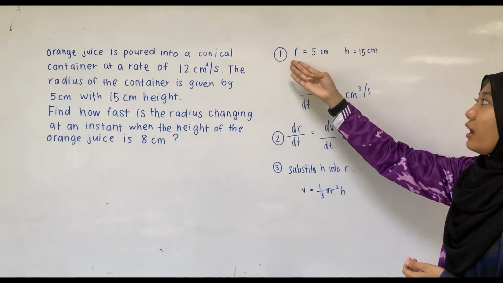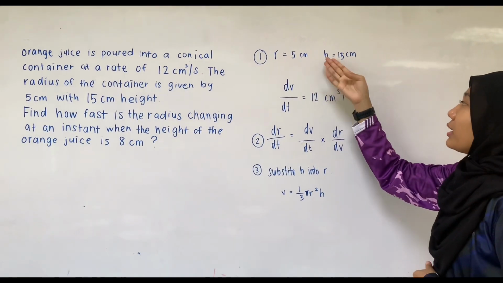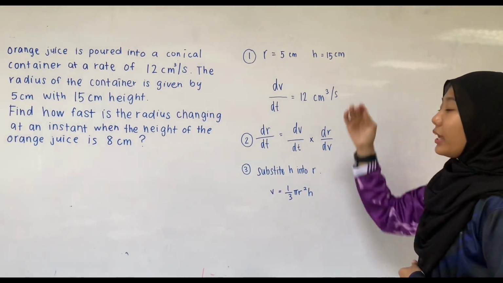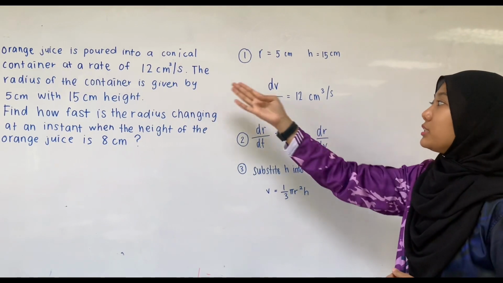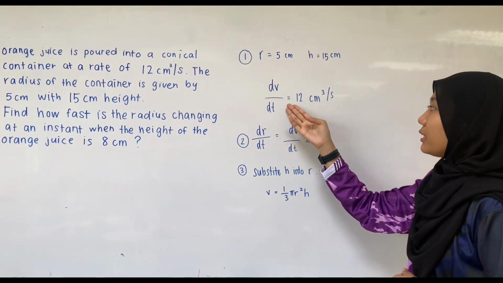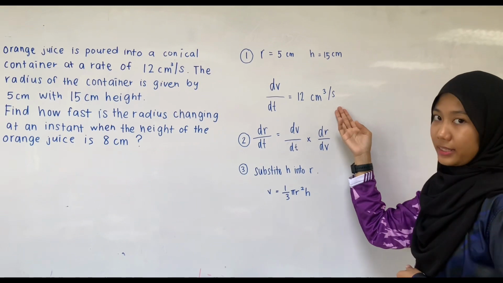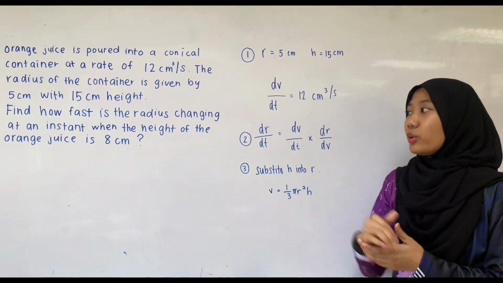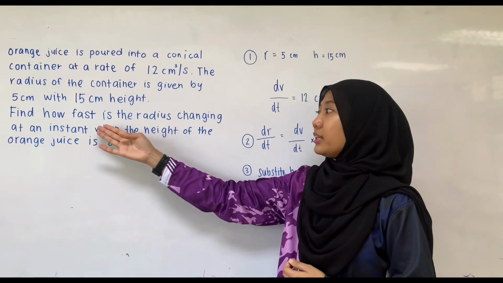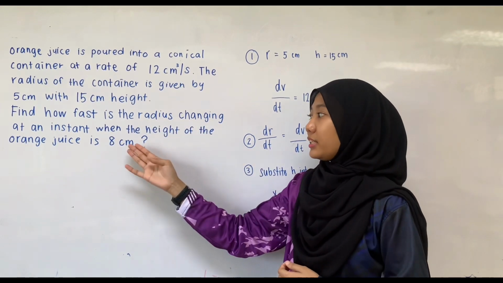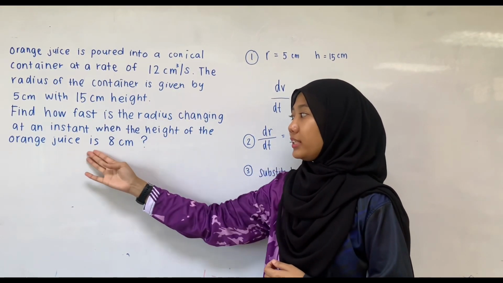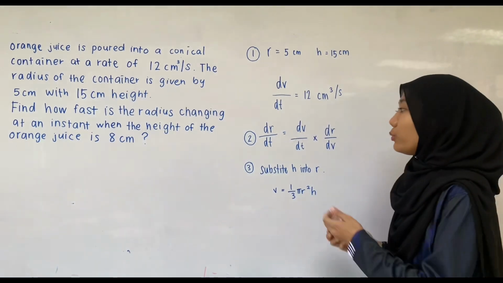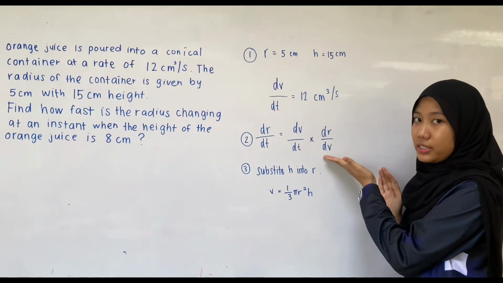We have r equals 5 cm, height equals 15 cm, and we know the rate of change dV over dt equals 12 cm³ per second. The question wants us to find how fast the radius is changing when the orange juice reaches 8 cm.